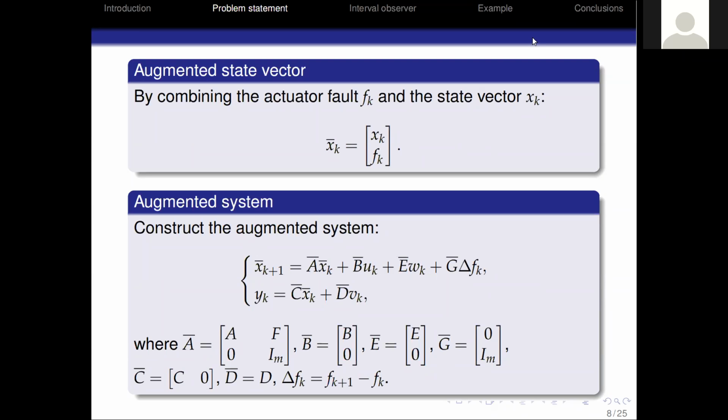Okay, the G bar is wrong. Yes, I think there should be a factor F times the identity matrix.